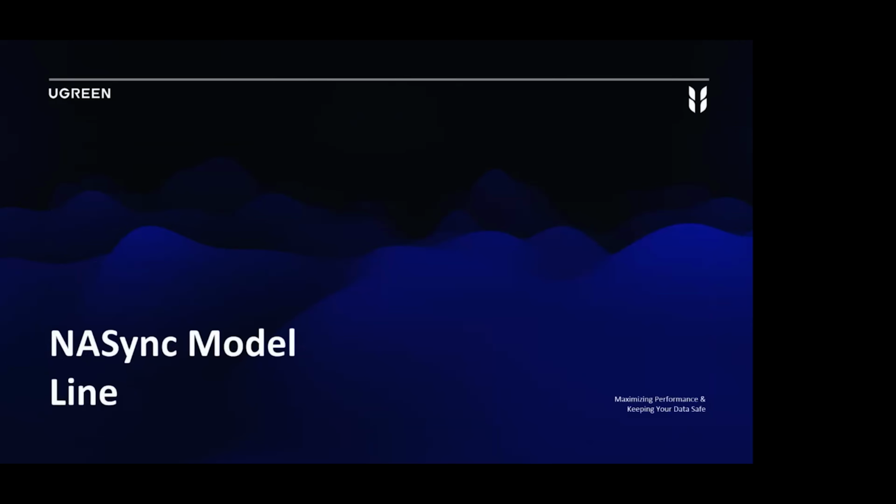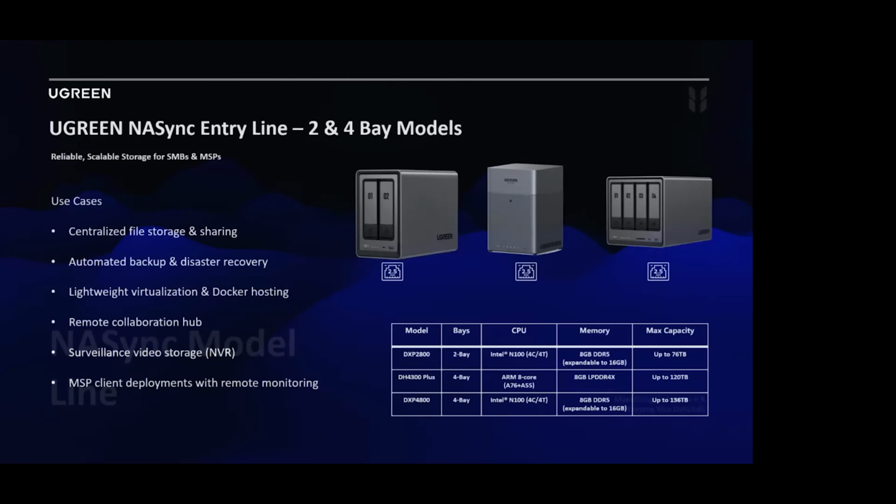Let's look at our NAS model lineup. Here is our entry-level NAS, which comes in 2 and 4 bay. On the right side, we have the DXP2800, a 2 bay NAS with an Intel N100 processor, 4-core, 4-thread, 8 gigs of DDR5 RAM, expandable up to 16 gigs, and with 30 terabyte drives, up to 76 terabytes of capacity. The DH4300 Plus has an ARM core processor, an entry-level processor, with 8 gigs of DDR4X and up to 120 terabytes of capacity.